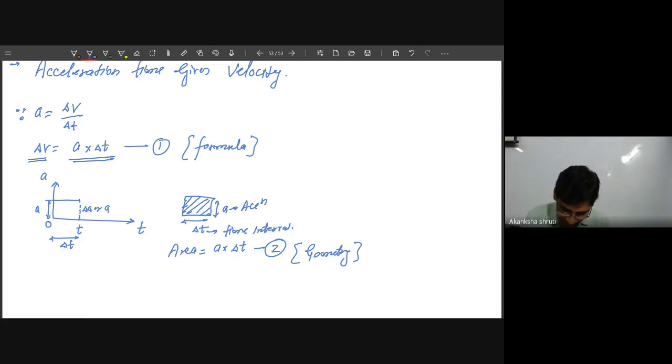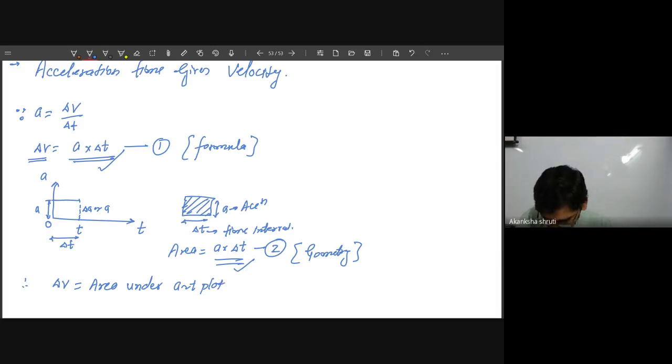If we compare, we can say this A delta T is the same in both equations. It means delta V is calculated by taking the area under the AT plot, or AT curve, with the time axis. So this was the observation or the significance.